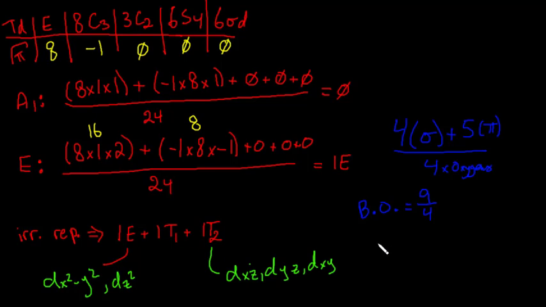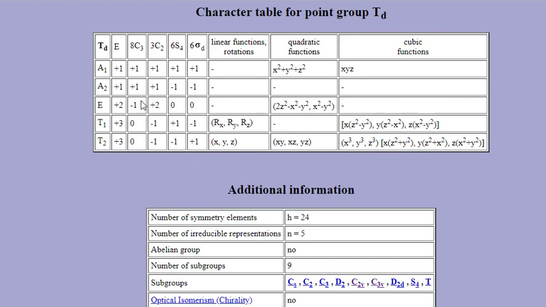And so in this case, we actually went through character tables, figuring out how to use those to come up with the sigma bonding orbitals and the pi bonding orbitals.